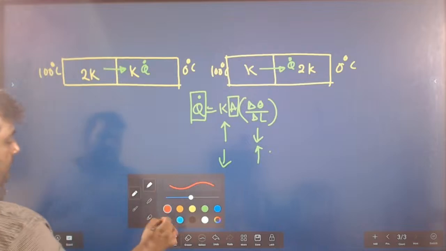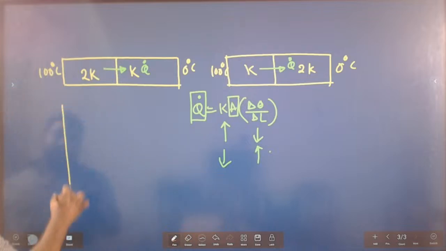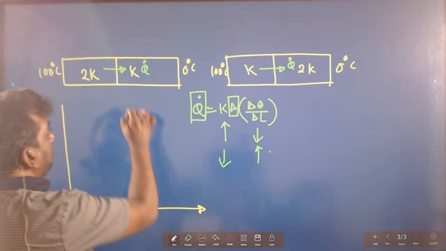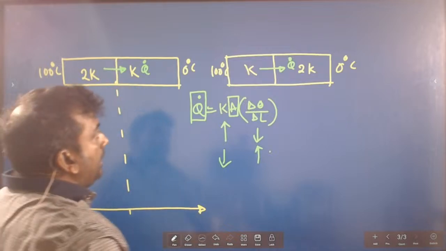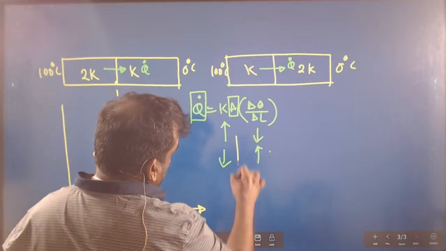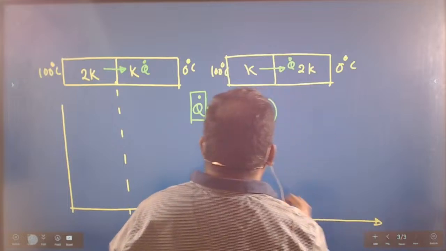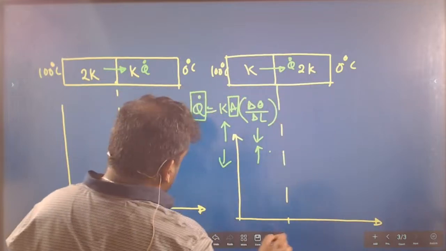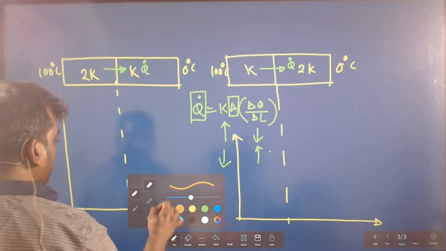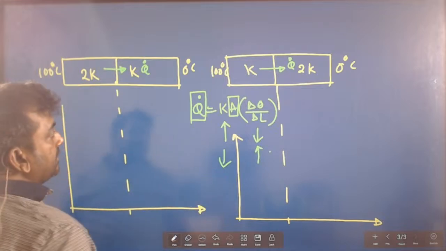Now let me draw it here. Now look at the board. Larger K means smaller temperature gradient.